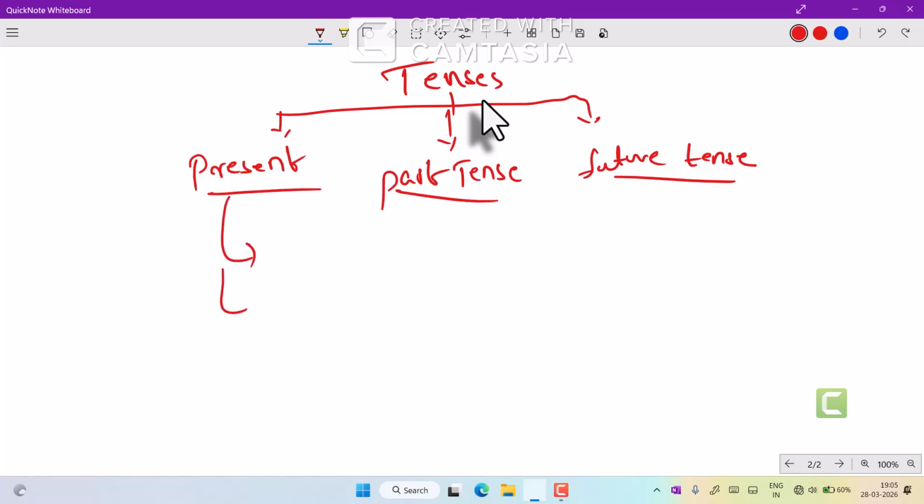Again, each tense we categorize into four types: simple, continuous, perfect, and perfect continuous, like simple present, present continuous, present perfect, and so on. So likewise we have discussed.